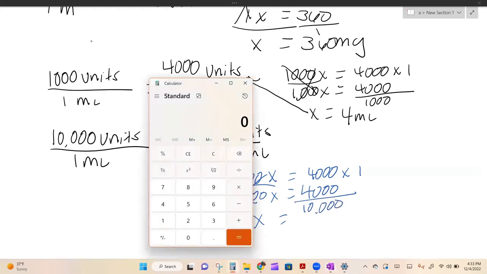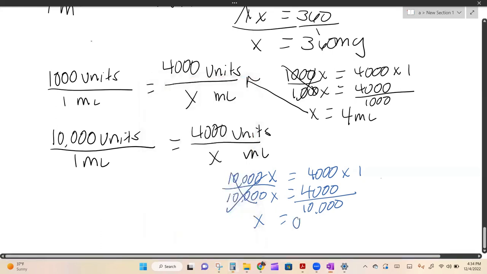So in our calculator, we're going to do 4,000 divided by 10,000 this time, which is going to be 0.4 ml. So if we were going to give them the 1,000 unit strength, we would have to dose up in a syringe or put into an IV bag, whatever we are doing, 4 ml.